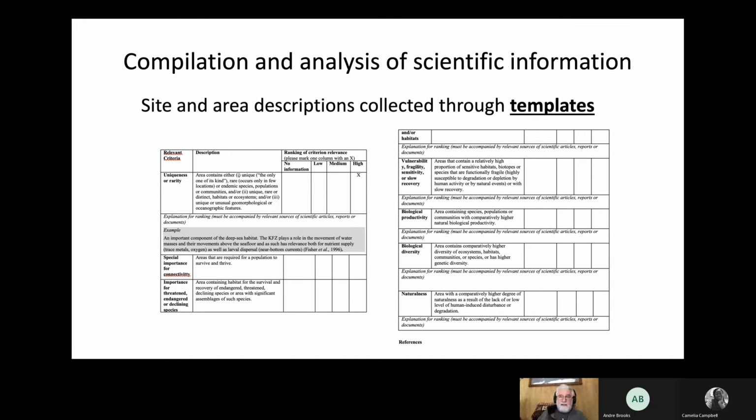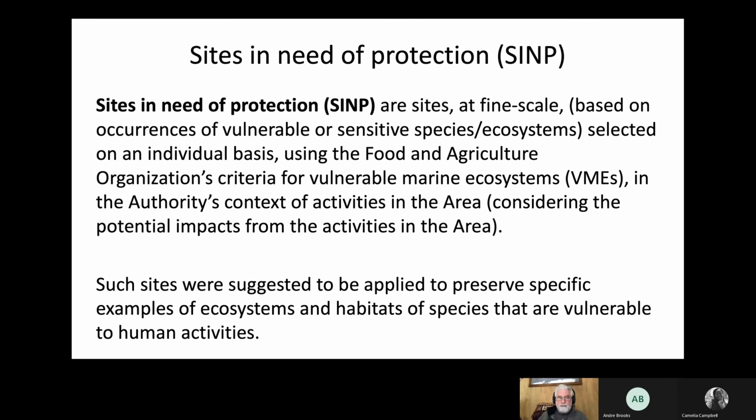The implementation of both the VME type of criteria and the important area criteria were collected using templates to allow a uniform application of each of these for every site described. So the sites in need of protection were fine-scale sites based on the occurrence of vulnerable or sensitive species using an FAO type of VME criteria adapted for the ISA application.